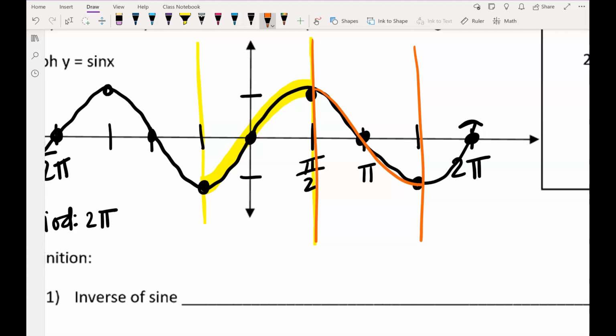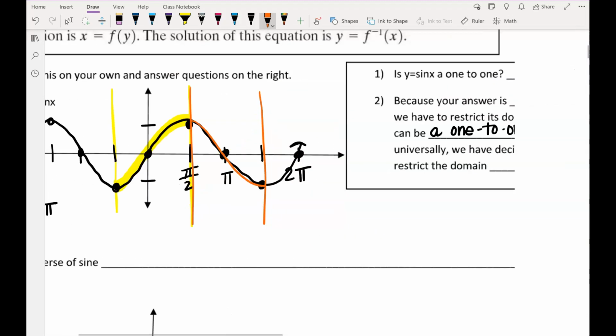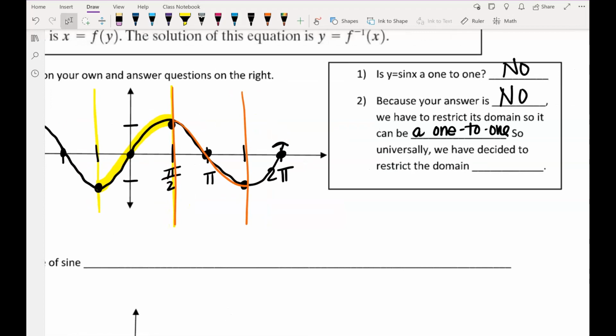Universally, we agree on negative pi over 2 all the way to pi over 2 because we like 0, right? 0 is easy to calculate. So whenever we can have a 0 in our restriction, we would. So universally, students, we have all agreed on negative pi over 2 all the way to pi over 2, inclusive.